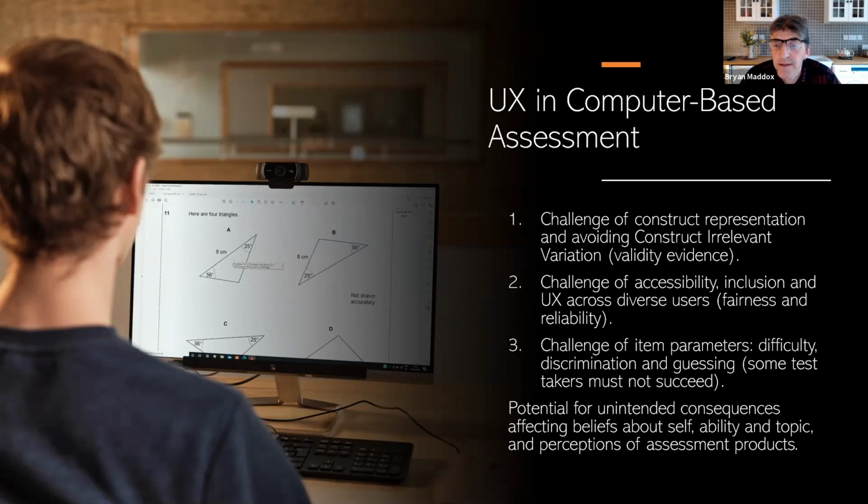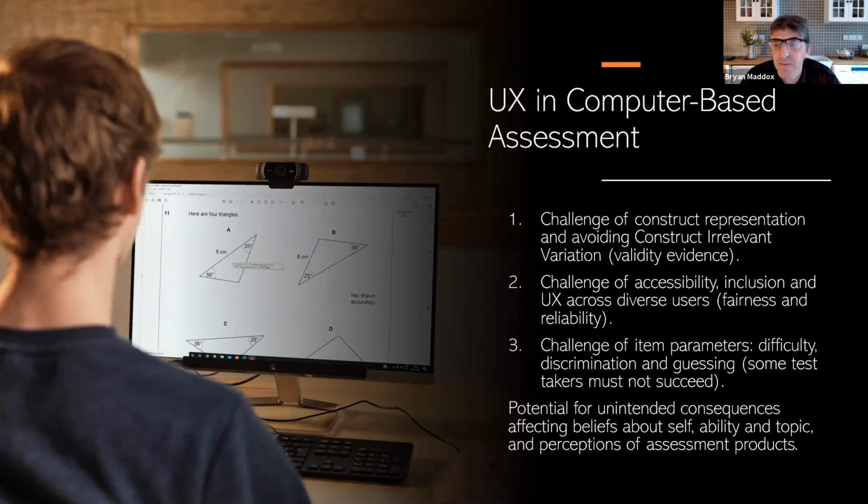The third point is the challenge of item parameters. So we've got three key themes here that we need to anticipate when we think about user experience in test design, which is somewhat different from general user experience, for example, in web design. Because in computer-based tests, some of the test takers must not succeed on an item.